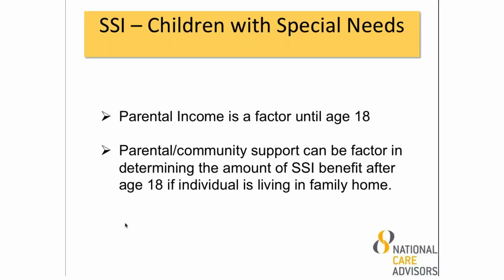Simply put, if mom and dad are providing all the housing, all of the utilities, all of the food, and the individual is receiving supplemental security income, that adult child over age 18, the Social Security Administration essentially is stating that, well, you don't really need all of your benefit, so we're going to decrease your benefit by a certain amount.